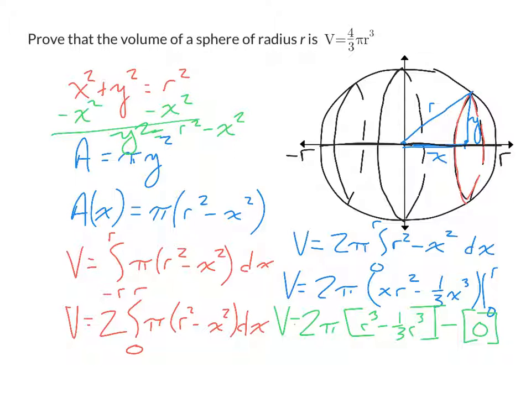So that's going to cancel itself out. And if we take r cubed minus 1/3 r cubed, we get 2 pi times 2/3 r cubed. And when we multiply 2 pi times 2/3 r cubed, that is 4/3, the 2 times 2/3, times the pi times r cubed, and there's our volume.